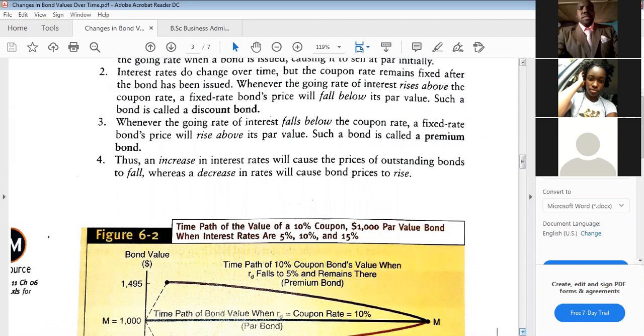Does an increase in interest rates cause the price of outstanding bonds to fall?